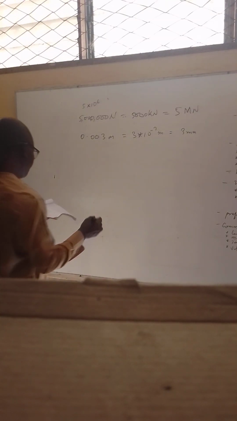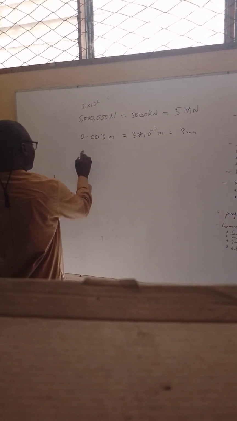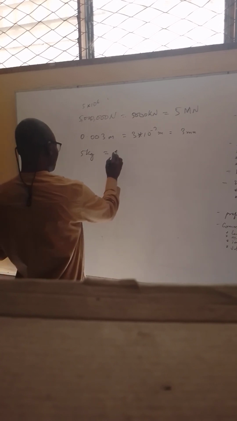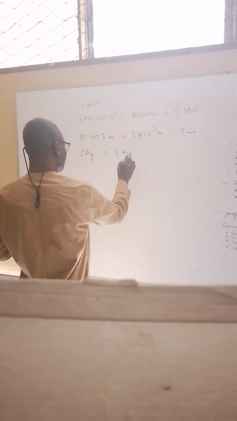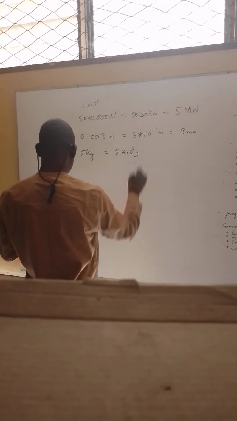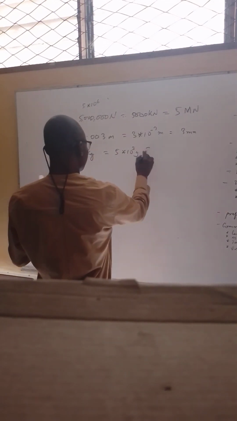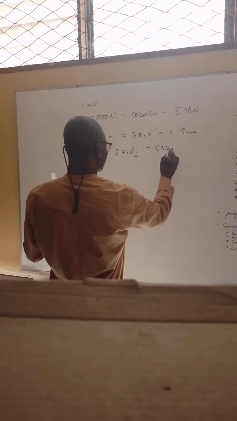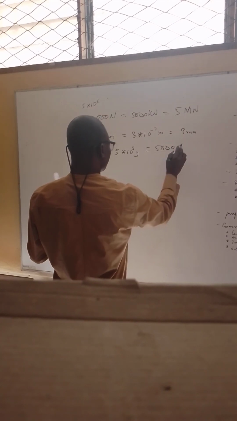And then we have the next, let's say 5 kilograms. This is equal to 5 times 10 to power 3 grams, which is equal to 5,000 grams.